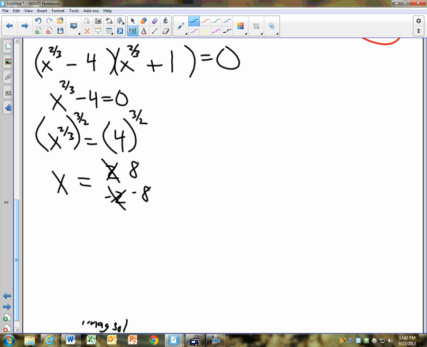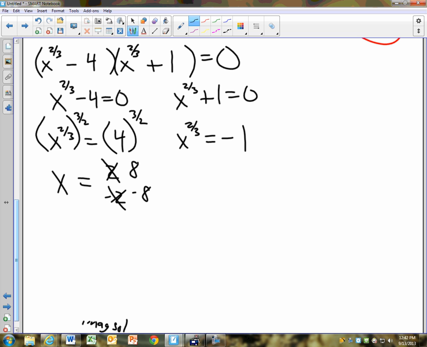All right, and then we also have x to the 2/3 is equal to -1 when you solve the other side. Yep, plus or minus 8 is fine. I'll use some space over here. We have x to the 2/3 plus 1 equals 0. So therefore, x to the 2/3 is equal to -1.